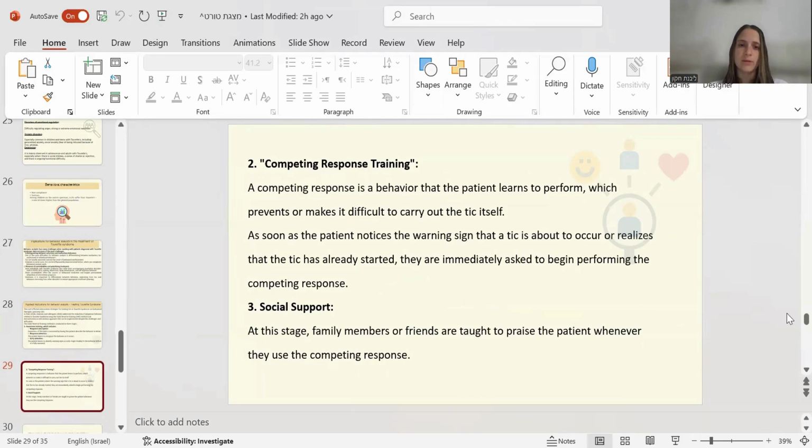As soon as the patient notices the warning sign that a tic is about to occur or realizes that the tic has already started, they are immediately asked to begin performing the competing response. 3. Social support. At this stage, family members or friends praise the patient whenever they use the competing response.